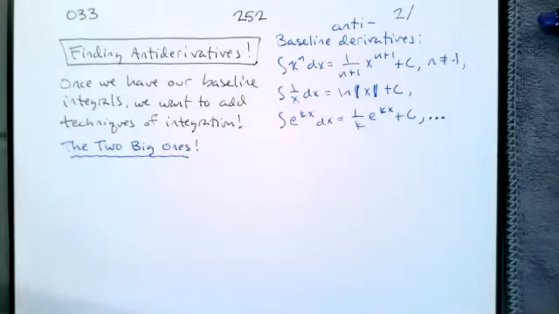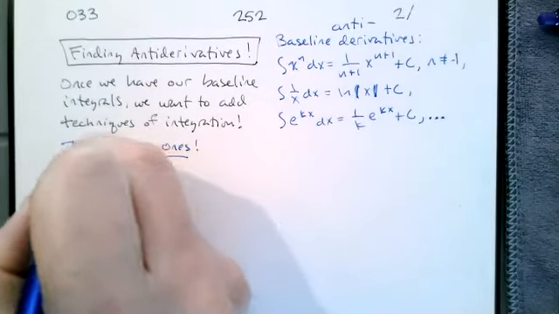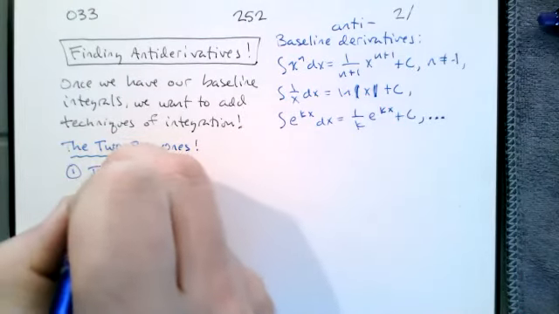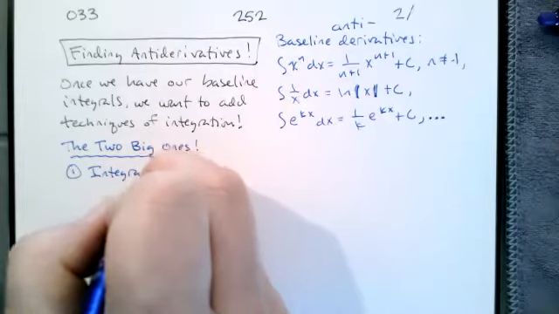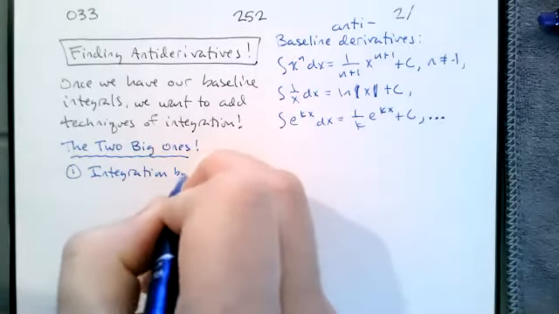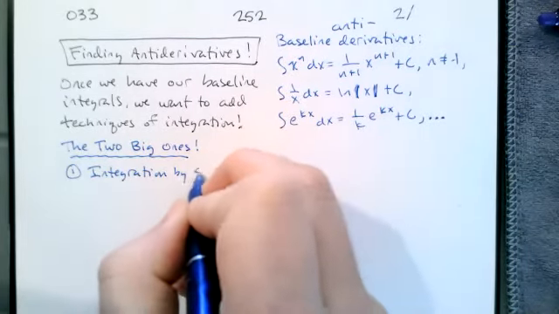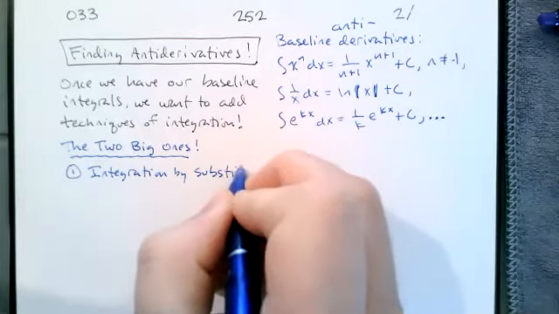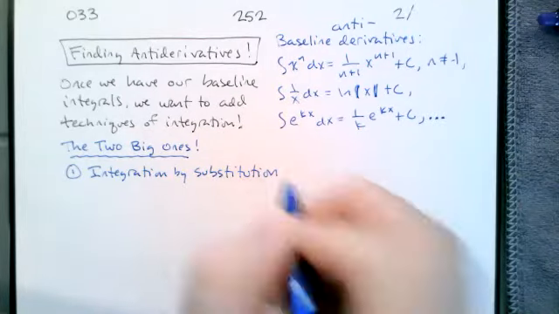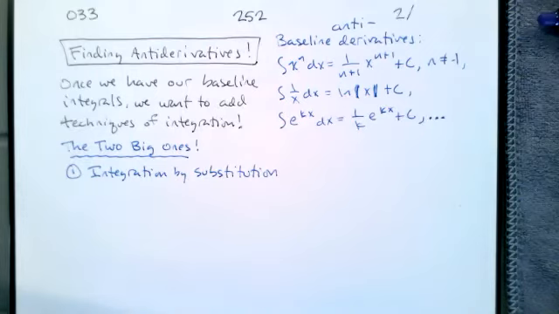The 2 big ones are integration by substitution, being the anti-chain rule.